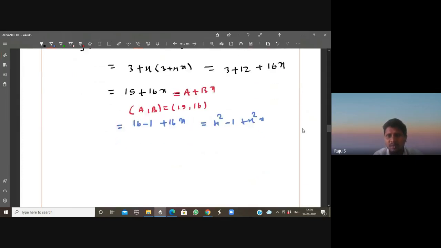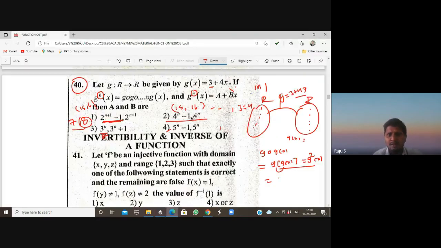So this is g square. The same way, if you go on, g power n is 4 power n minus 1 comma 4 power n. Right? 4 power n is b, in a plus bx, and a is 4 power n minus 1. Like that also we can say.